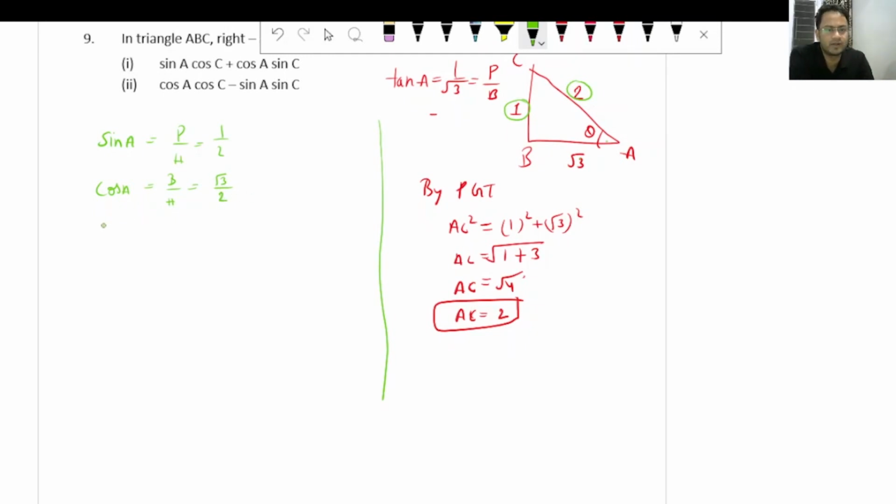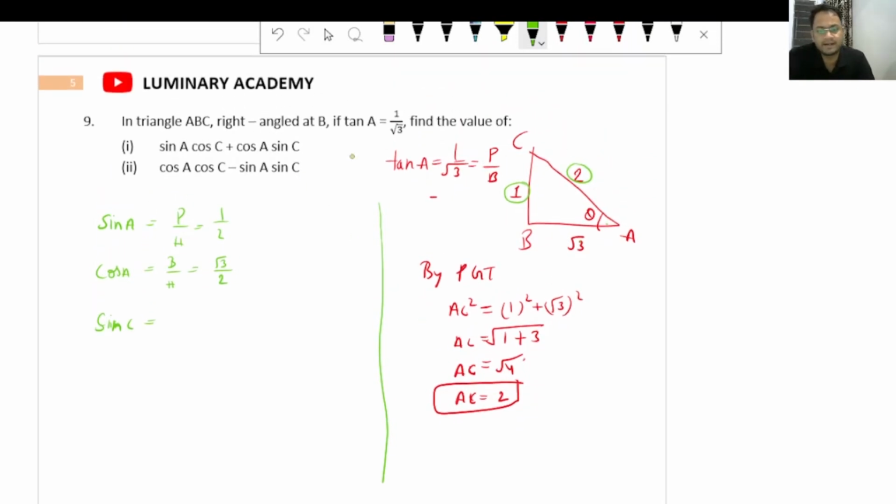So we got these two ratios. Now you require sin C and cos C. Let's first find sin C. There is a twist here: for sin C you need to make this angle theta, so this will be your perpendicular and in this case this will be your base.